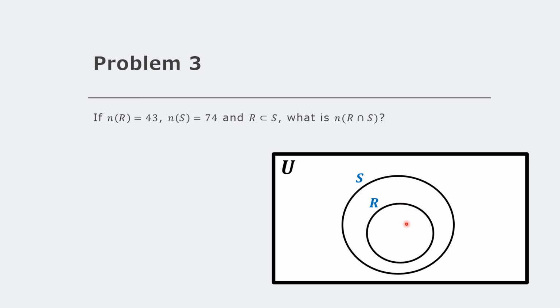So all the elements of R are also elements of S. As you can see, you were asked the intersection of R and S, which are all the elements of R. Now, how many elements does the set R have? So the answer is 43.